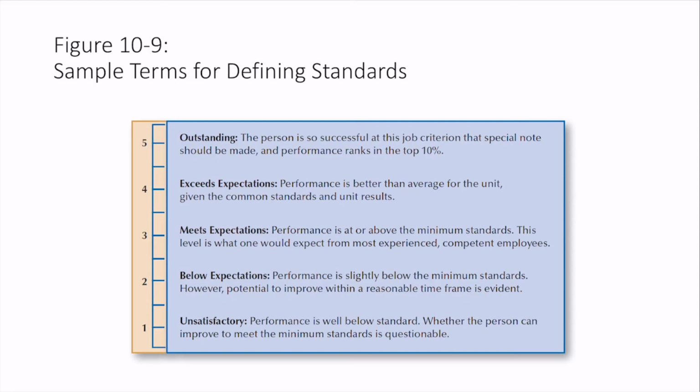And our last slide here just gives some of the dimensions or the scope of it, from outstanding, exceeds expectations, meets expectations, below expectations, and unsatisfactory, which you don't want to get.